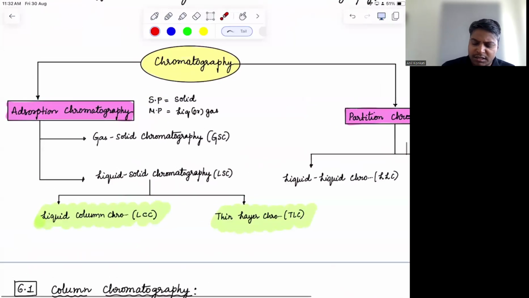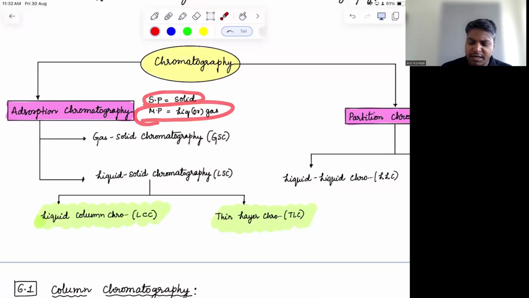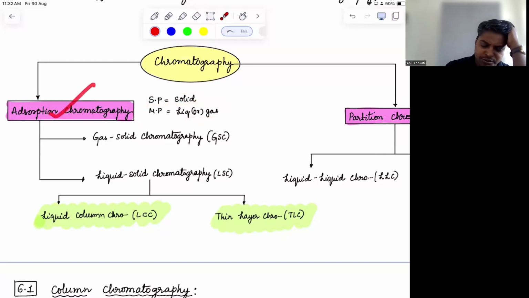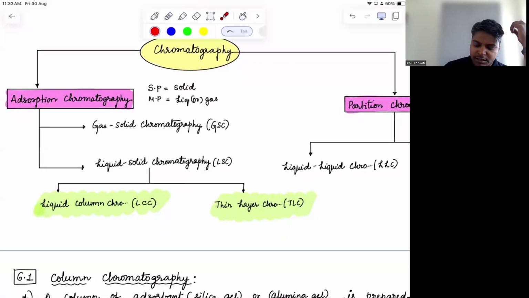Check. Stationary phase if it is solid, and mobile phase if it is liquid or gas, then it is adsorption chromatography. Within adsorption chromatography, we have two kinds: gas solid chromatography, liquid solid chromatography. Next, this liquid solid chromatography can be divided into liquid column chromatography or thin layer chromatography, TLC.